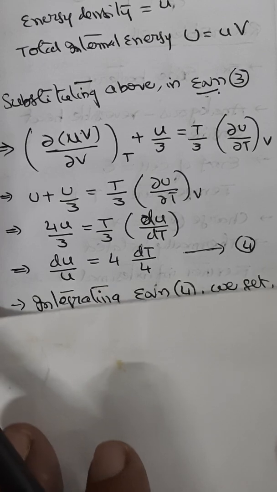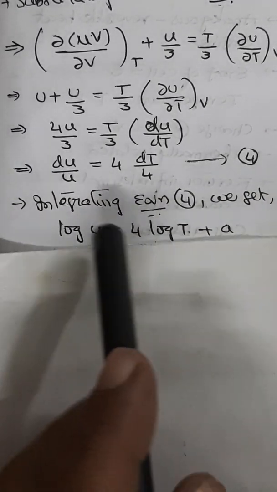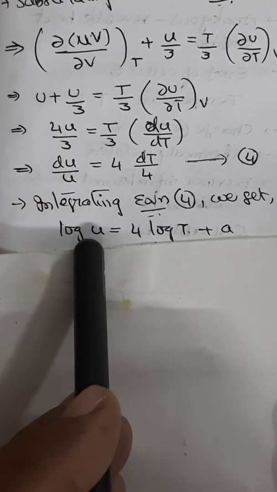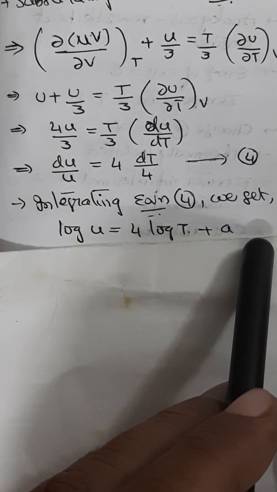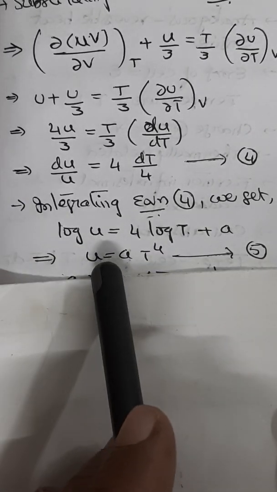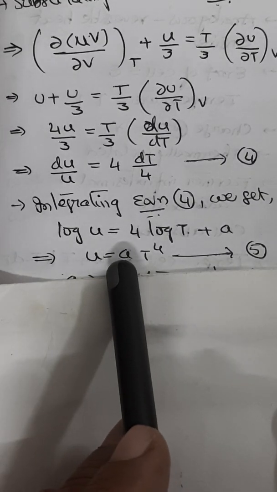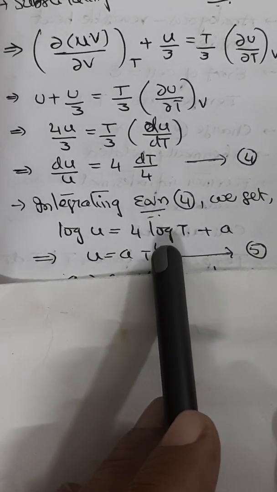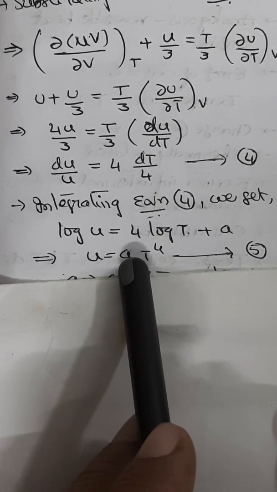Now integrate this equation. When you integrate and simplify, you will get log u equal to 4 log T plus a constant. From this, when you eliminate the logarithm, you can write u equal to that constant into T power 4. The constant is nothing but the integration constant here.